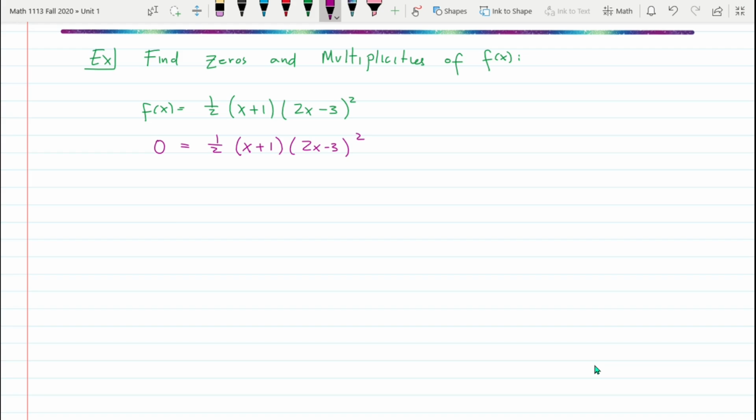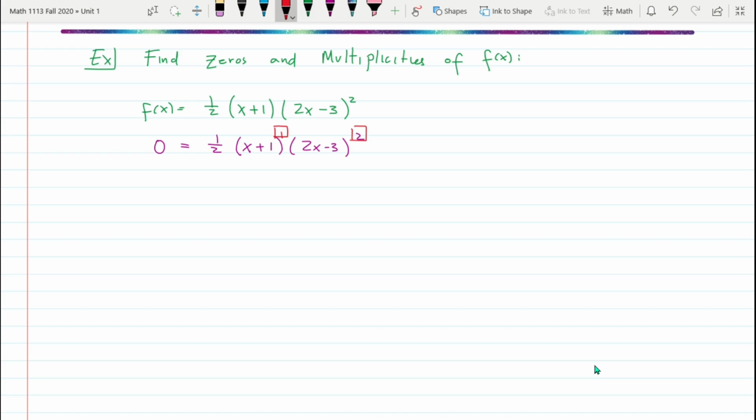Maybe you want to get rid of that 1/2. We don't have to. So what are the powers? There should be a 1 there. We don't write power 1 because anything to the power 1 is just the same thing. So here's power 1, here is power 2.